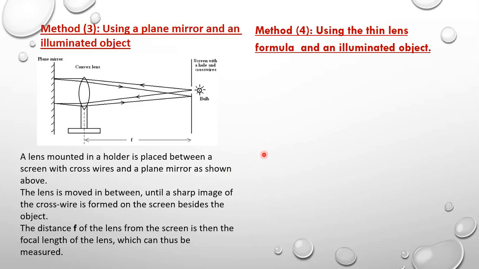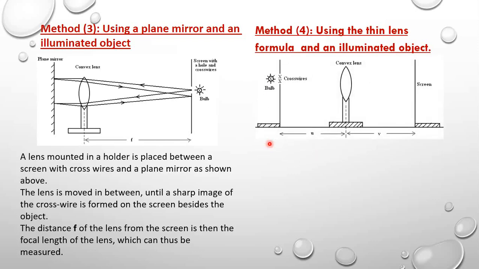And then this time round, we shall have a different screen, not within the same object, and shall place it at a certain distance away from the illuminated object. And then we shall get our lens, whose focal length we want to determine, and place it at a distance u from the object.